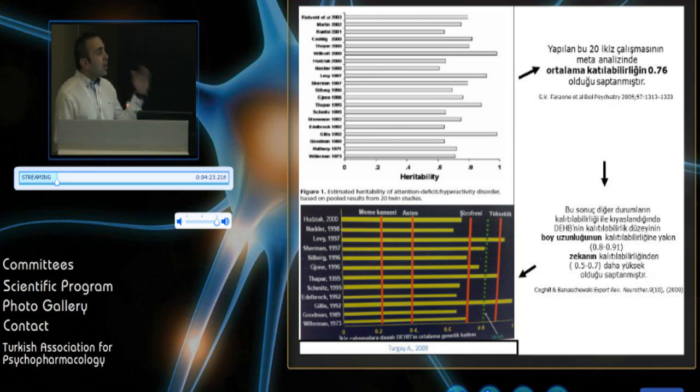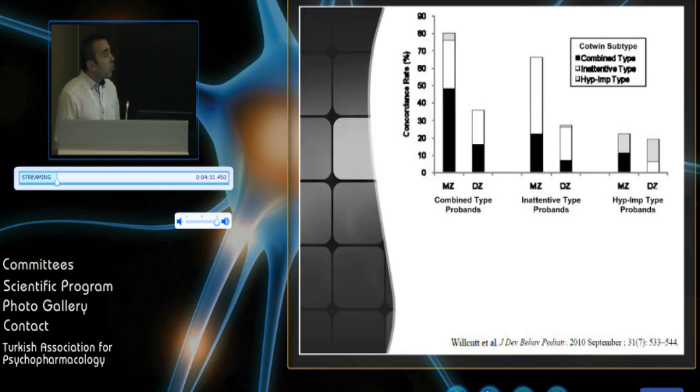Of course, we see that the hereditary characteristics are higher than the genetic transfer of diseases like schizophrenia, and we see the importance of genetic disposition by those trials.